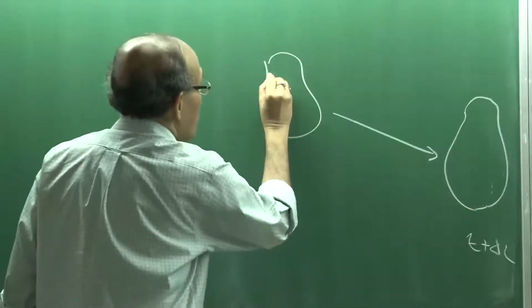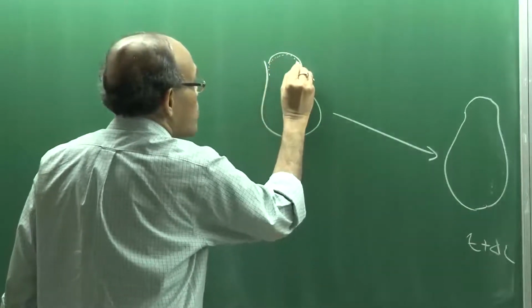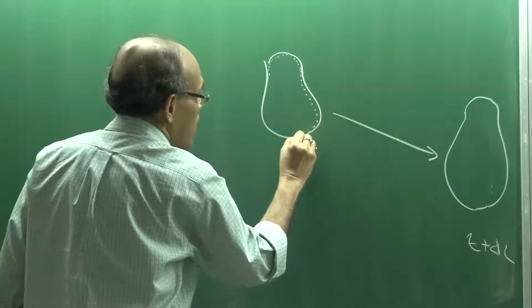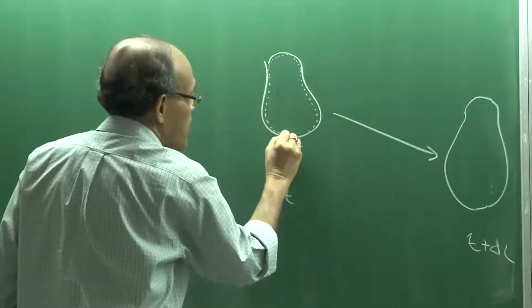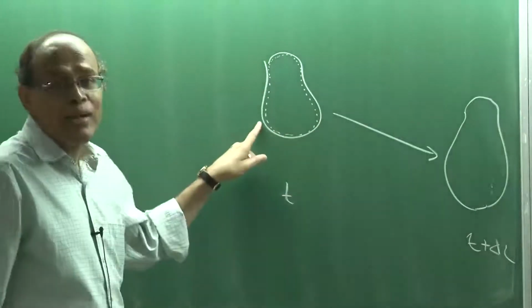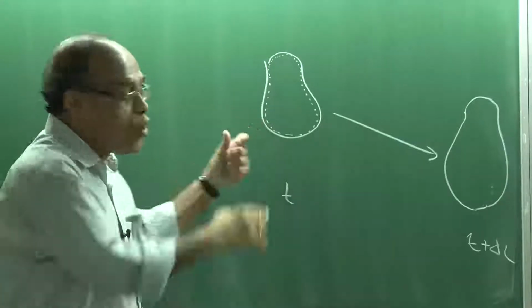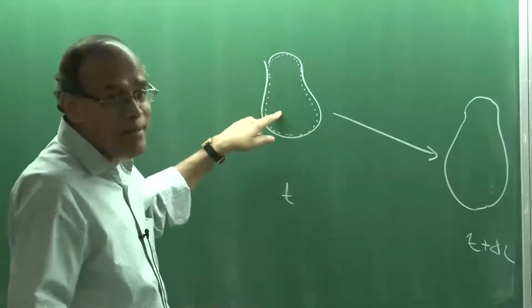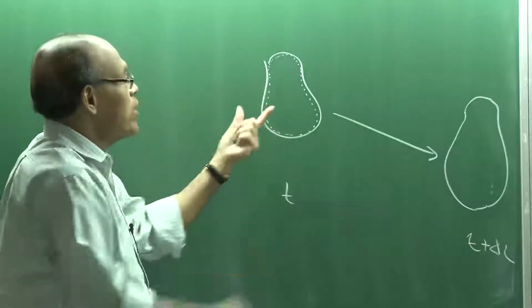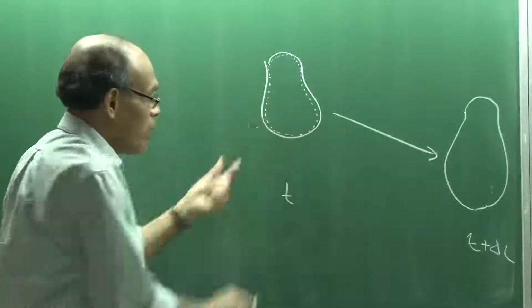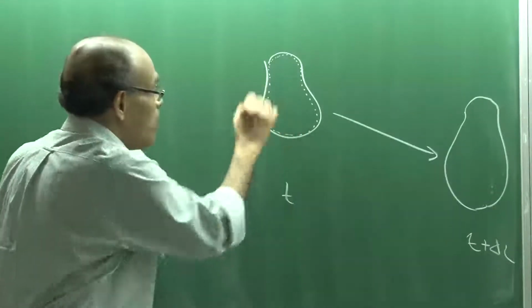So, at time t equal to 0, this is the scenario. The dotted line represents the system, and this solid line represents the control volume boundary. So, the control volume as well as the system are coinciding with each other. There is no gap actually, whatever I have shown here, they are actually overlapping with each other.